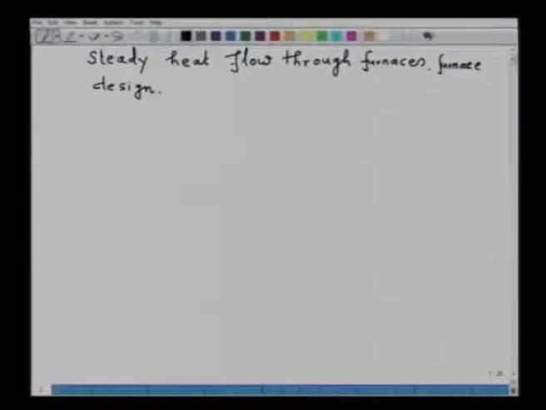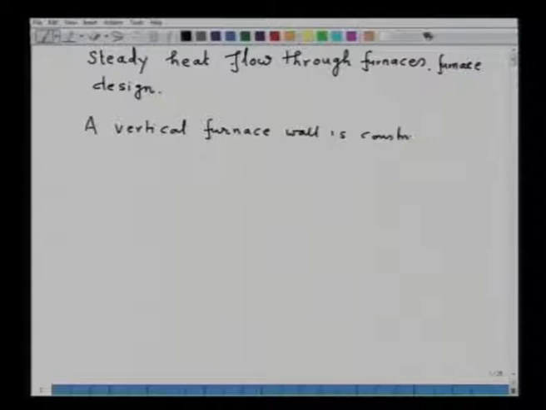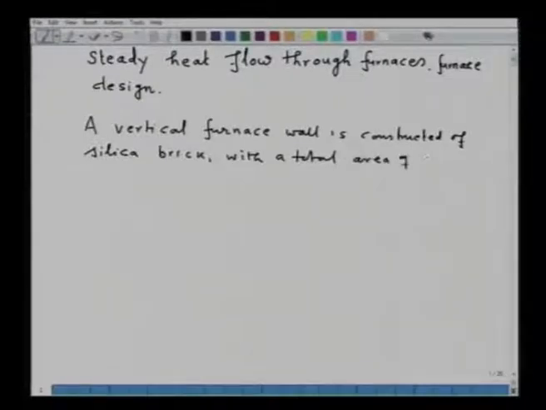So, a vertical furnace wall is constructed of silica brick with a total area of 400 square feet.